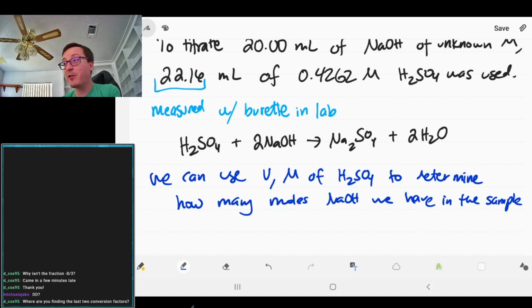Another word you'll see, by the way, is called aliquot. An aliquot is a sample. Just means the same thing.